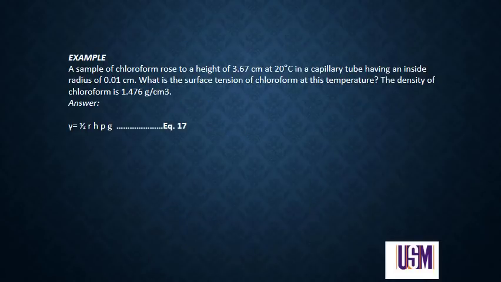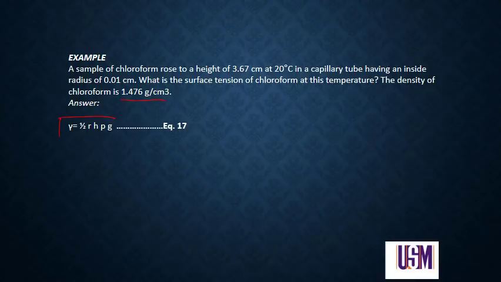So let's try this example. A sample of chloroform rose to a height of 3.67 cm at 20 degrees in a capillary tube having an inside radius of 0.01 cm. What is the surface tension of chloroform at this temperature, given that the density of chloroform is 1.476?